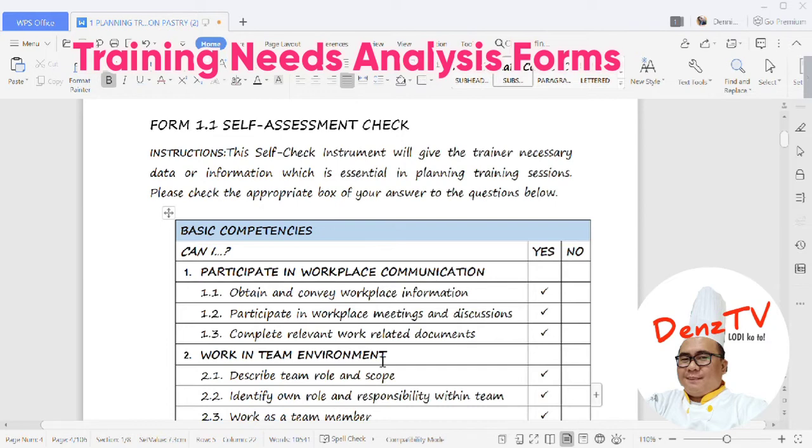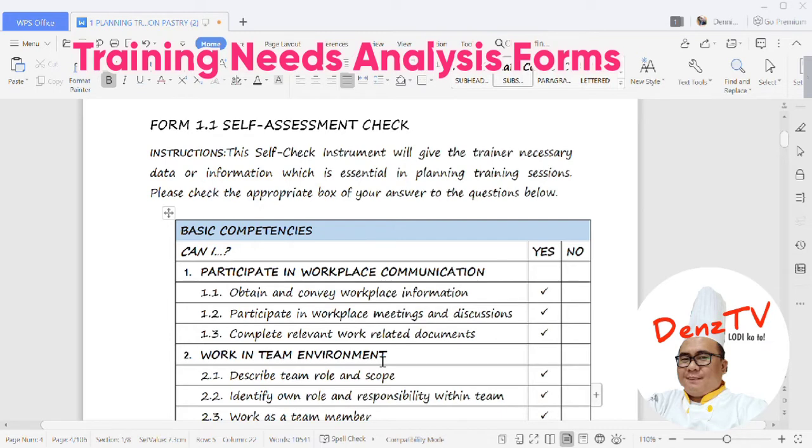So now this is the second activity that you are going to perform for Trainers Methodology Level 1. This is now the job sheet 1.1-6.